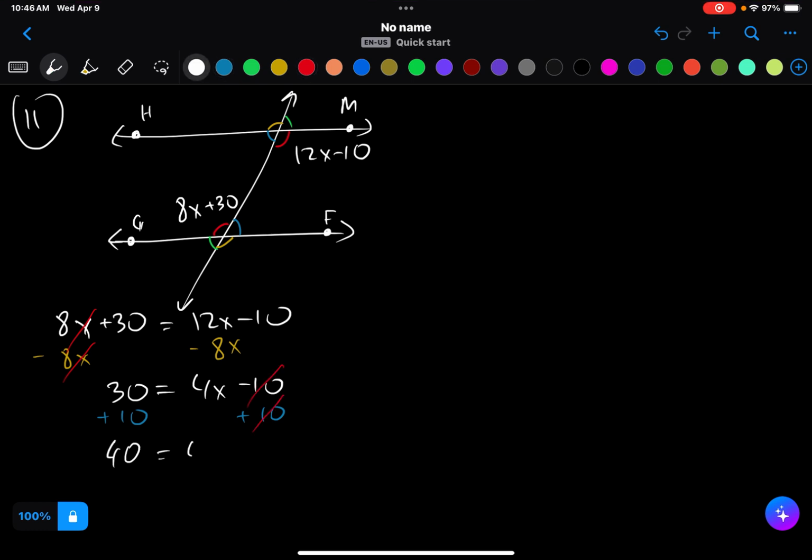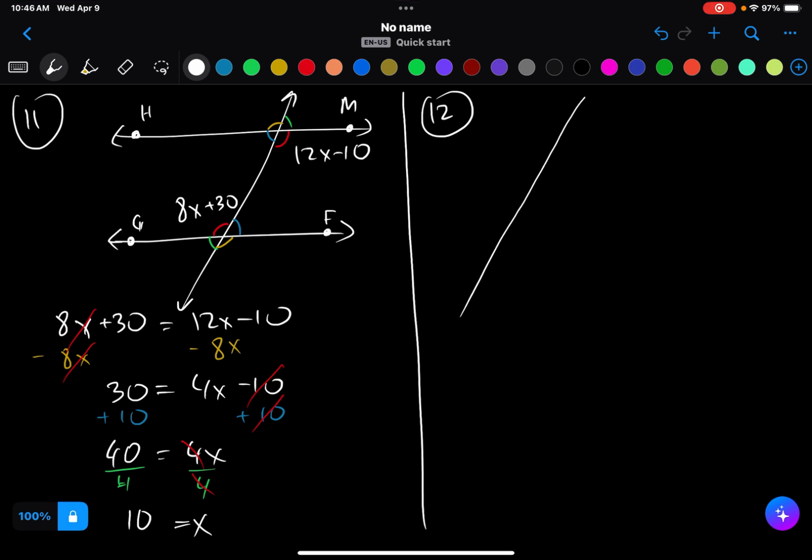You get 40 equals 4x, and then just divide both sides by 4 to get rid of that multiplied by 4 on the right side. Gone here. And x is just going to be 10. That's supposed to be a 4. There we go. That's number 11, leaving you with just number 12.